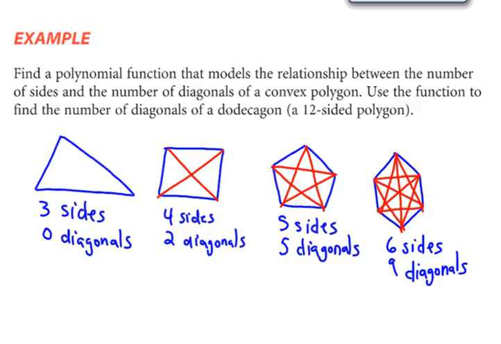Okay, so basically what we've done is we started to get some data with some information that we can use. The number of sides will be the x, and the number of diagonals will be the y. So let's create ourselves a little table here.